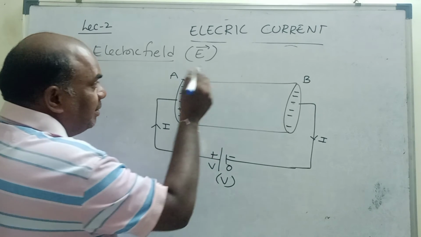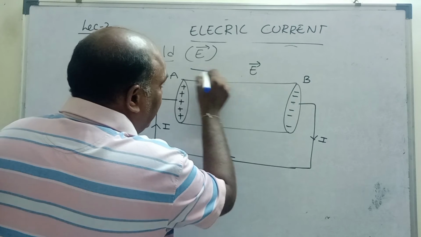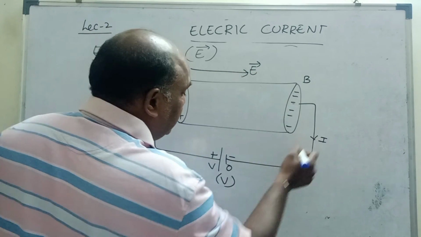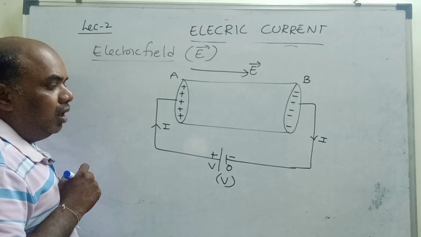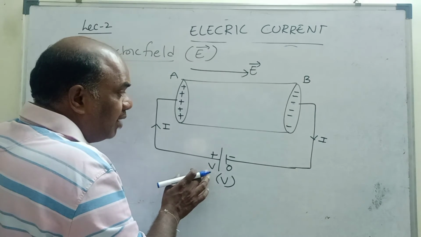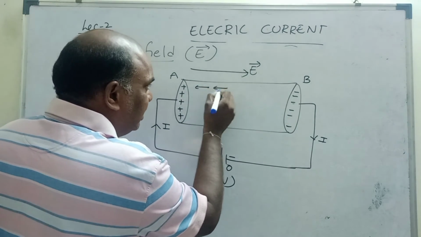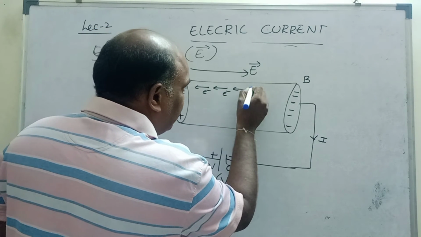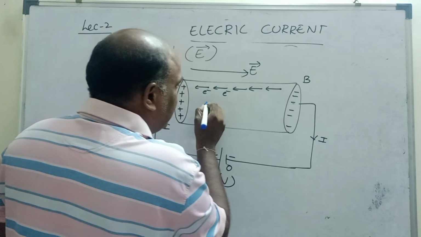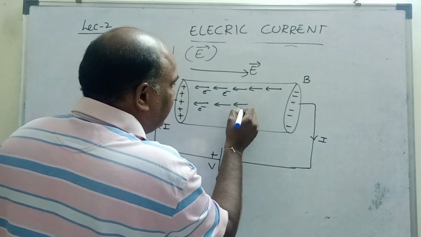Now it provides some electric field. Electric field is nothing but E bar. Electric field is always from battery positive to negative. This is the direction of electric field. But the positive terminal of the battery attracts electrons. Electrons are attracted towards the battery positive terminal. Why? Because electron has negative charge, no? So all electrons move in the opposite direction of the electric field.